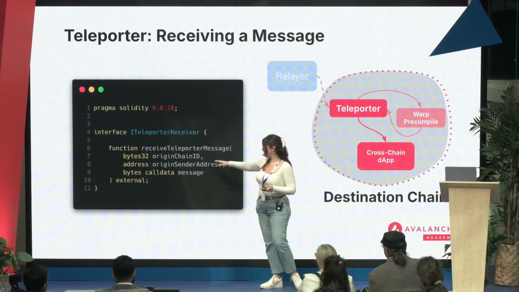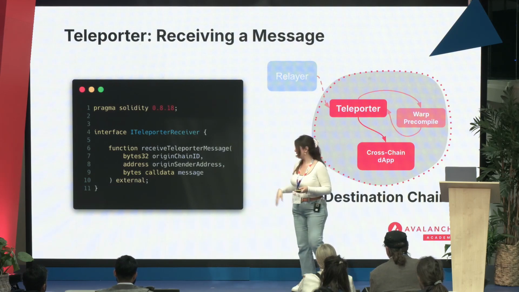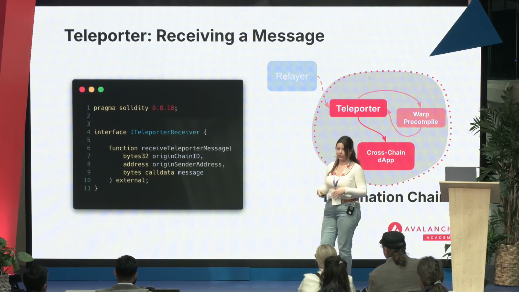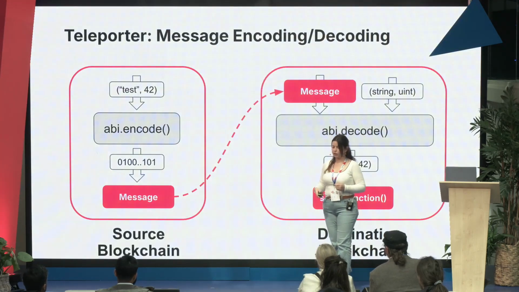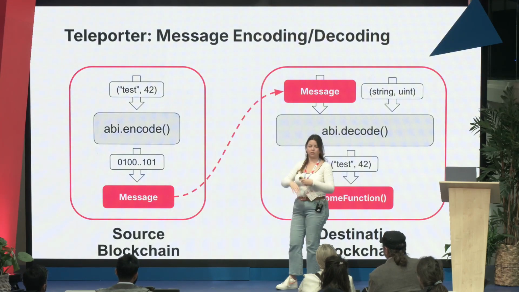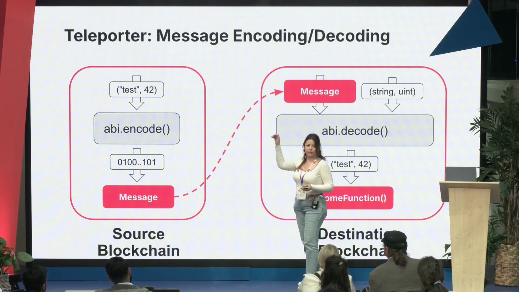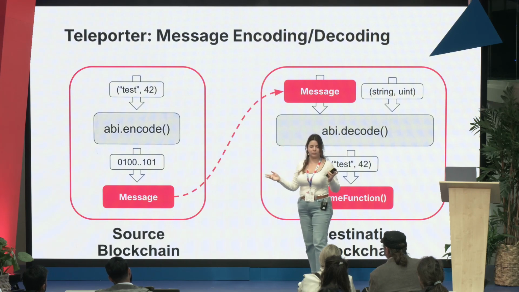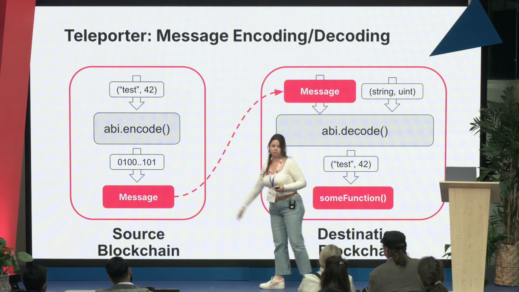So you will get the chain ID, the sender that you passed, and you have the message that you will interpret later. So about the message, it can be anything. You accept any type of message, as long as it uses bytes to transfer the message. So as long as you encode the message to bytes, it can be whatever.